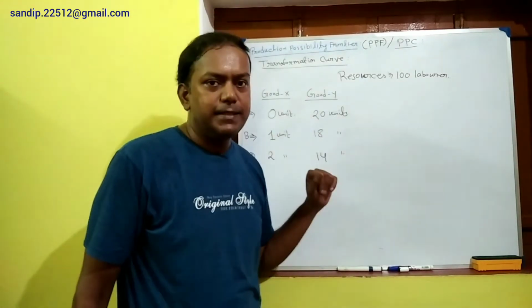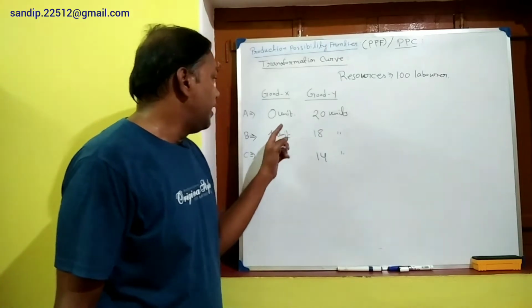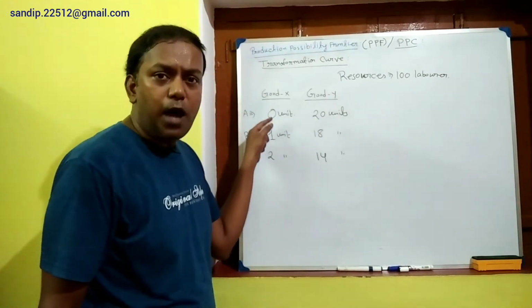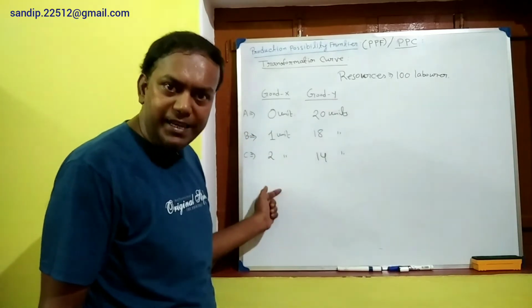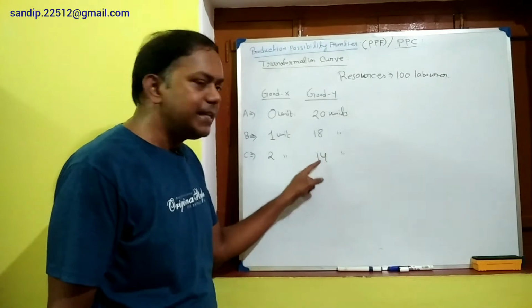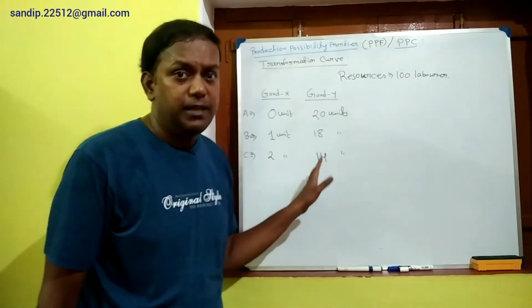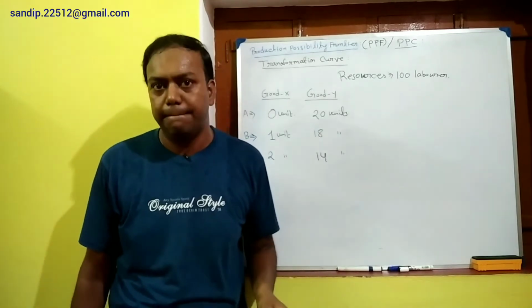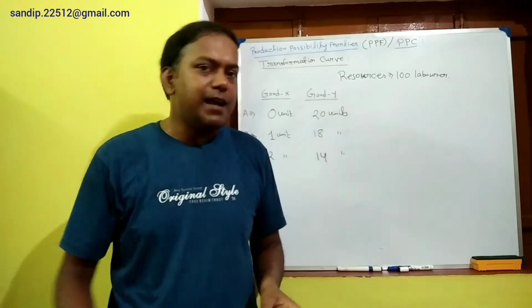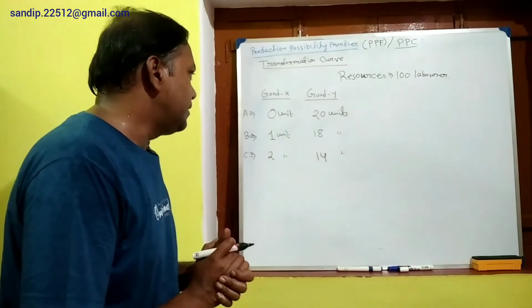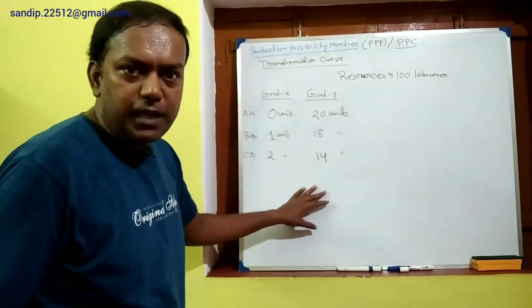Now students, here you can think that I am increasing the production of good X by 1 unit and production of Y is decreasing, but here I am following one calculation. Later I will discuss in detail what type of calculation I am following.